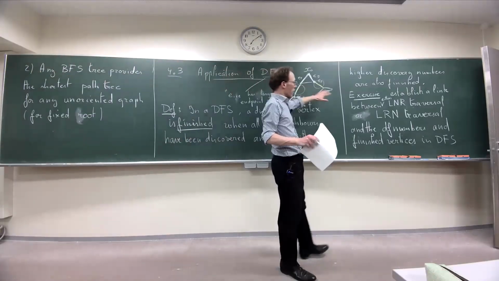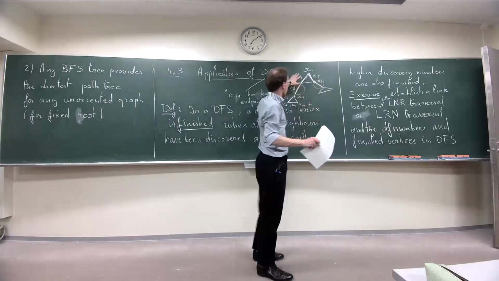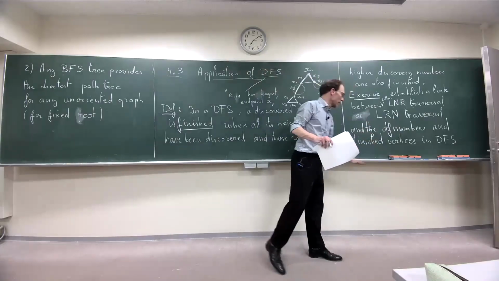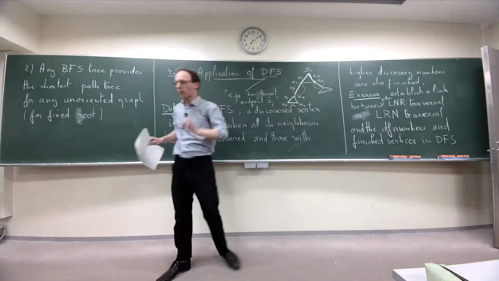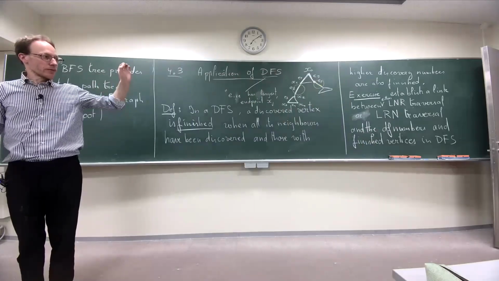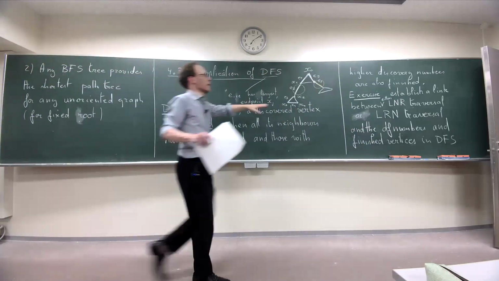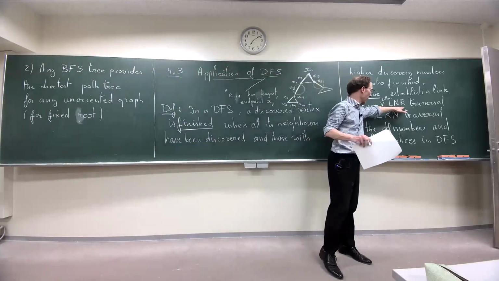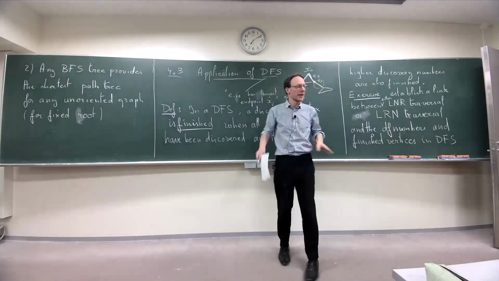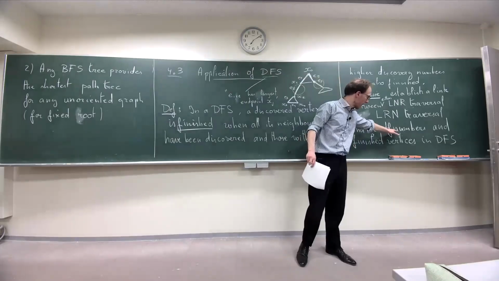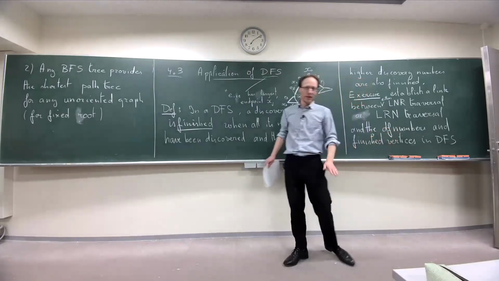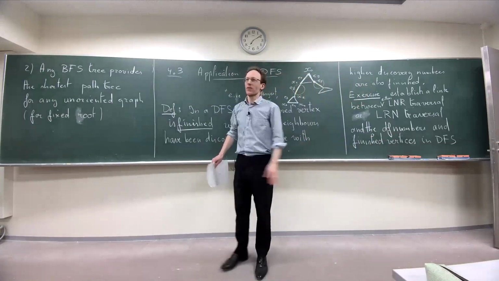When you draw an example in a DFS, these DF numbers and finished vertices are very precise. And then you read your resulting tree, either with an NLR traversal or this one, and you will see that either you get exactly the list of DF numbers in increasing order, or you get the list of finished vertices.